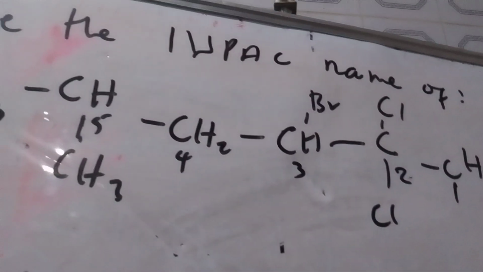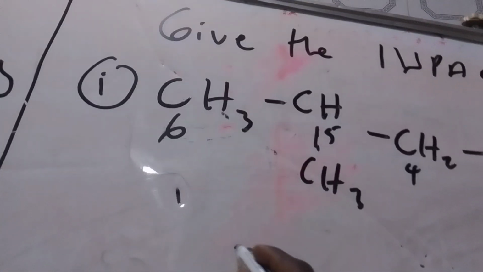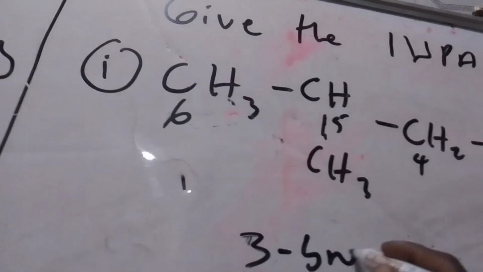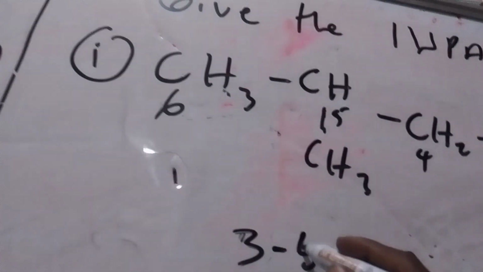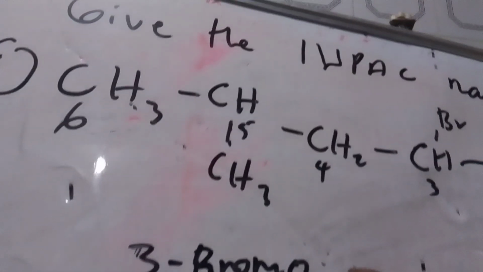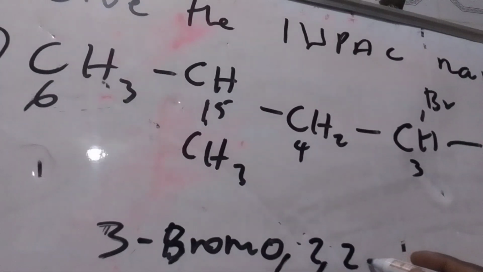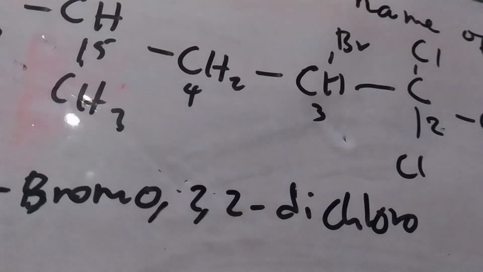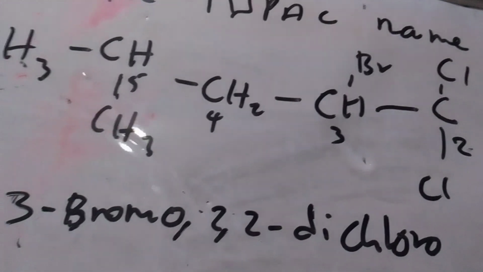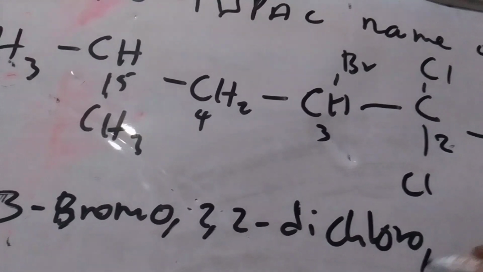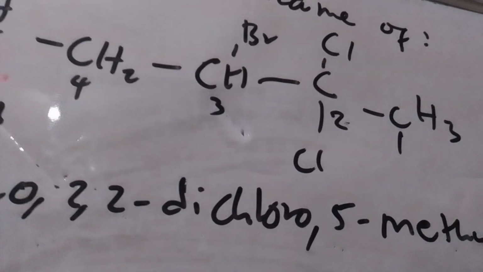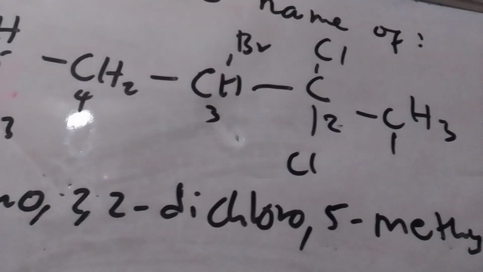The name of the compound will now be 3-bromo, 2,2-dichloro, 5-methyl hexane.